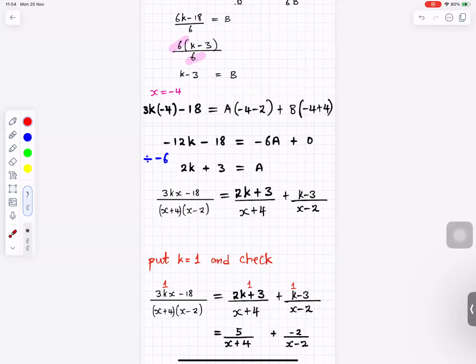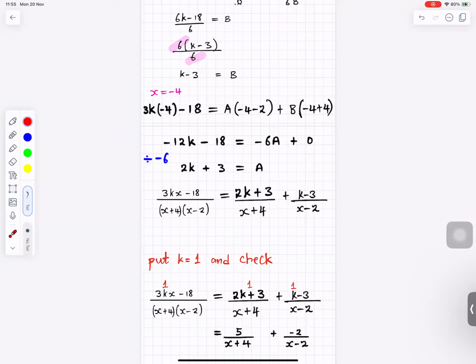How do you check if that's correct? If this left side is equal to this, right? So we can put k is 1. The examiners use letters like k because they don't want students to just use their calculator to find it out. But we can use the calculator to check because we are smarter than that. Let's put k to be 1.